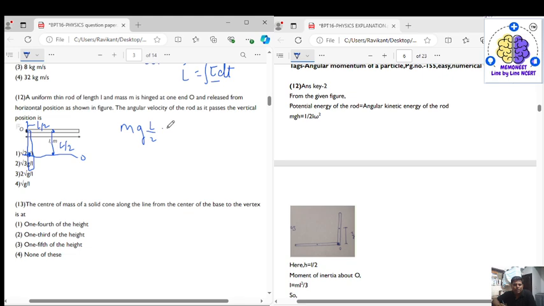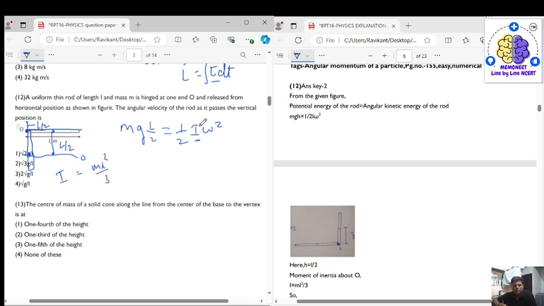And this potential energy is converted into angular kinetic energy, and angular kinetic energy is given by half I omega square, where I is what? I is the moment of inertia about this point O. So the moment of inertia of a rod of length L about one of its ends is given as I equal to mL square by 3.